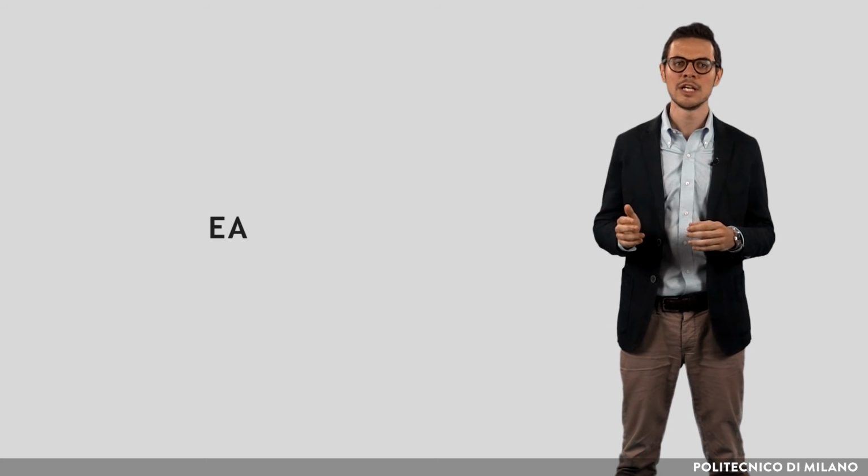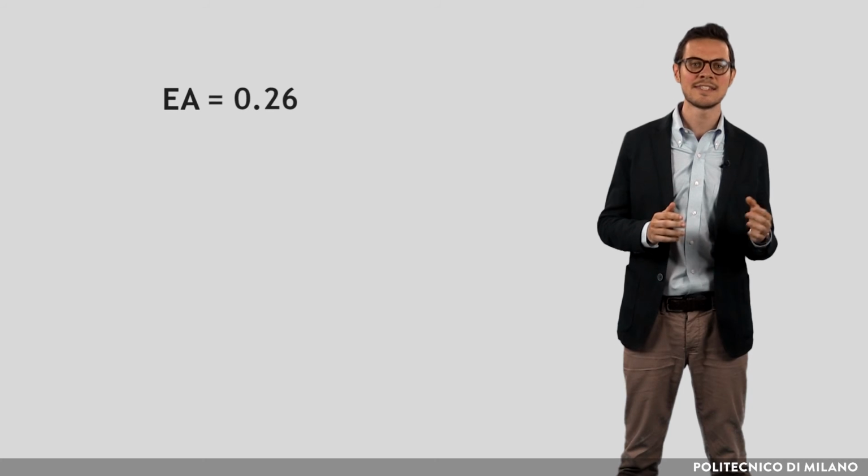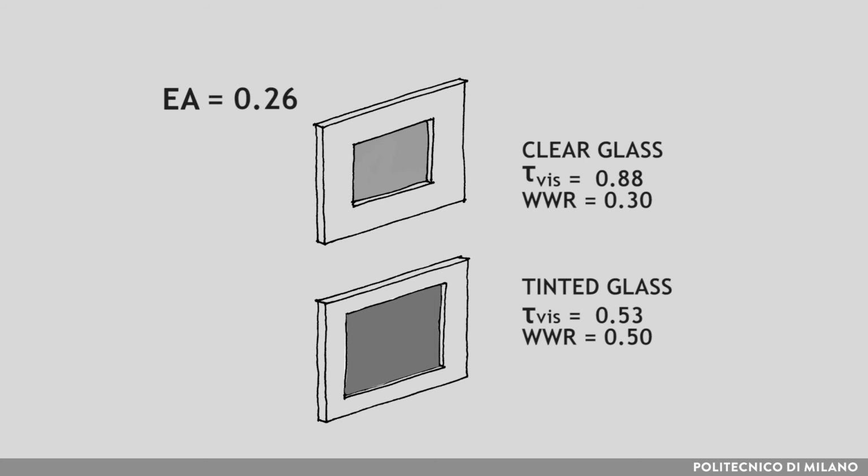For example, in order to obtain the same effect of natural lighting with a corresponding effective aperture of 0.26, the designer can decide to use clear glass characterized by visible transmittance of 0.88 and WWR equal to 0.3, or tinted glass with a lower visible transmittance coefficient but larger glazed areas.